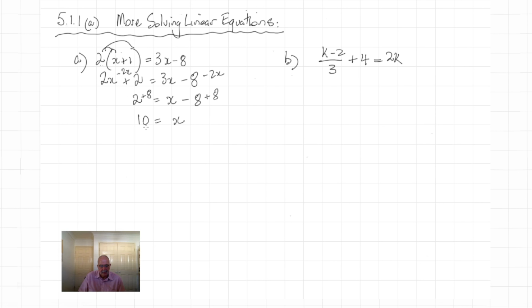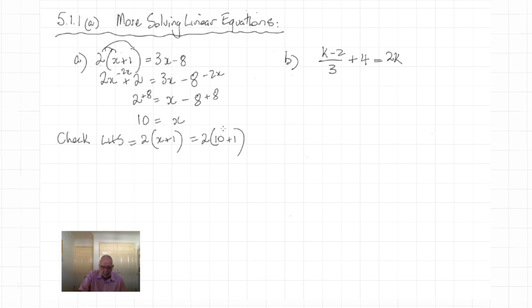There's the value of x. It's the only value of x that makes this equation true. We should do a check. On the left hand side, write down what it is, 2 open bracket, x plus 1. We now substitute, instead of that x, we're going to put 10.